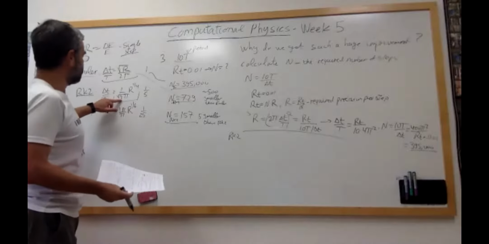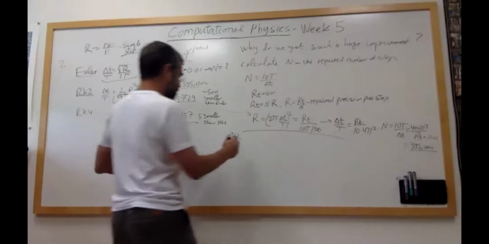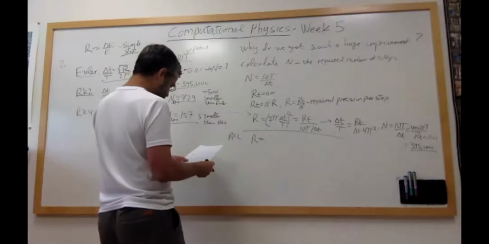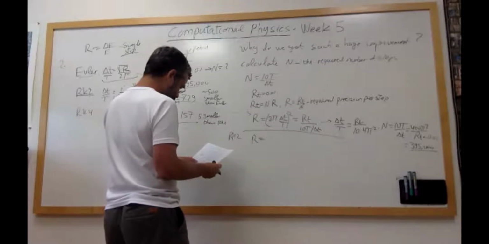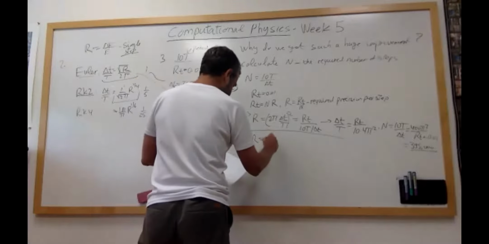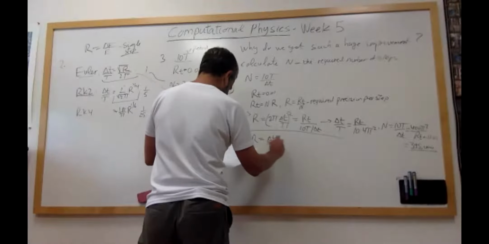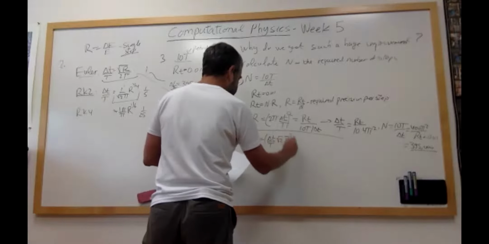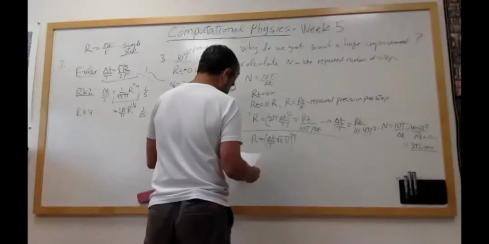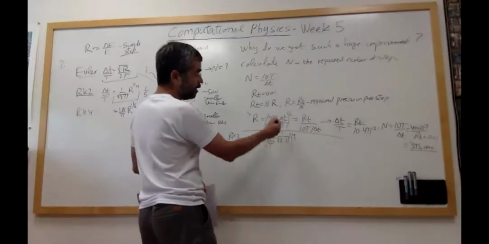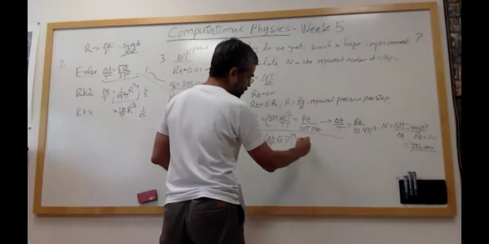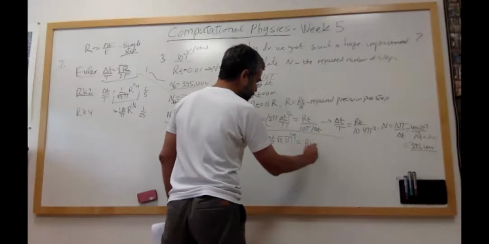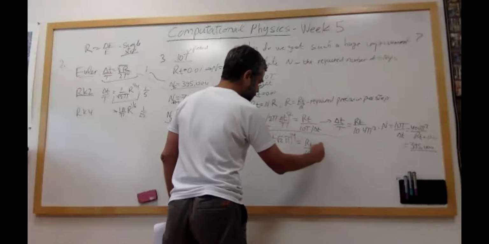So R, based on that, is delta t over t square root of 2 pi to the power of 4. And this equals, again, what we have here on the right-hand side. So this is RT over 10t delta t.